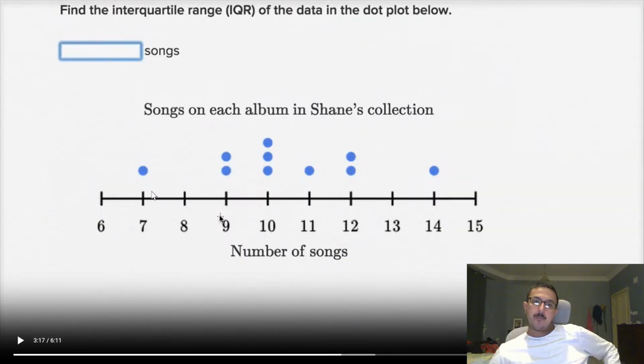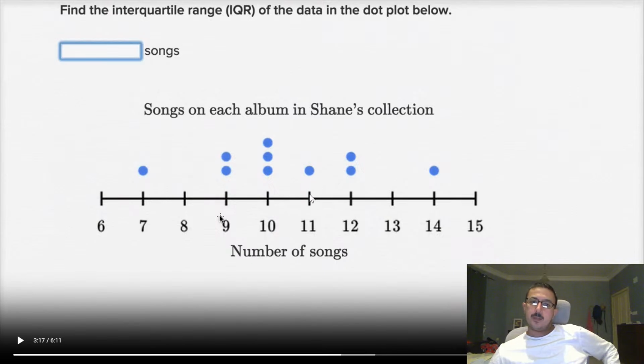And I got 3, that's 7. Okay. 1, 2, 2, that's 5. 3, that's 8.